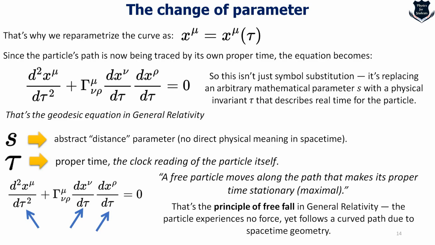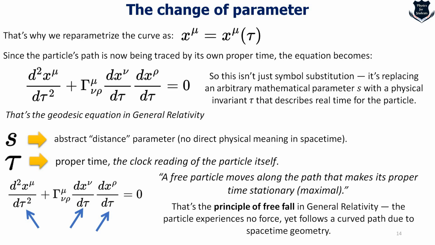From there Einstein found out that there is nothing called gravity locally. So that is the principle of free fall. The particle experiences no force. So here we justify, and I tried to explain, the arc length s being replaced by tau.